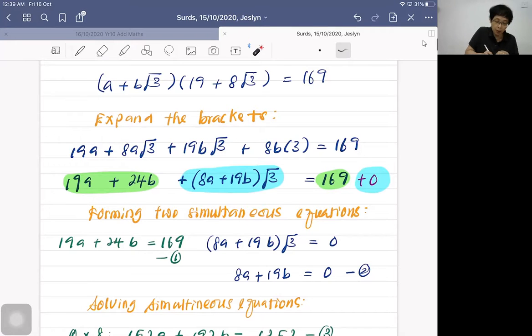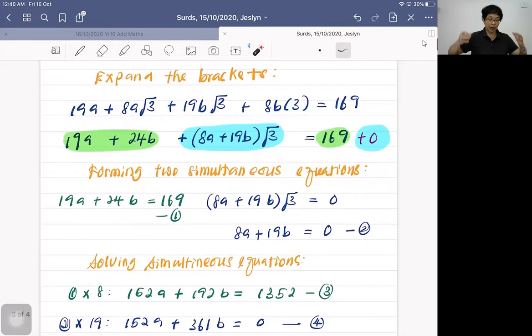Then we proceed to compare the √3 term, the one I highlighted with blue color. We notice that (8A plus 19B)√3 equals 0. When we divide by √3 on both sides, we get 8A plus 19B equals 0, and we number it as 2.